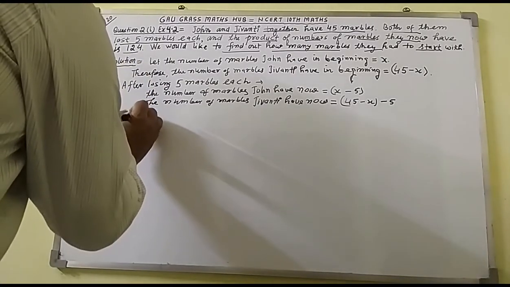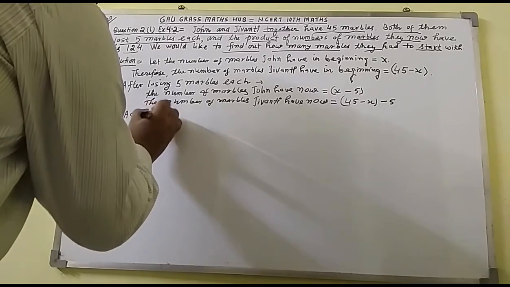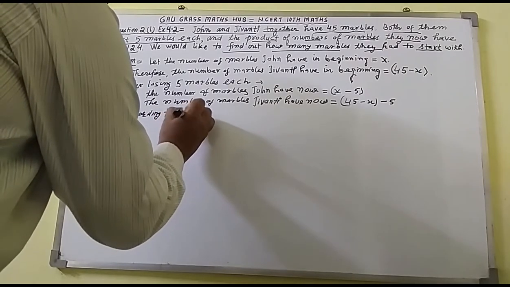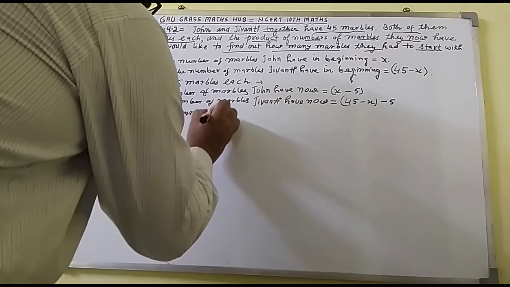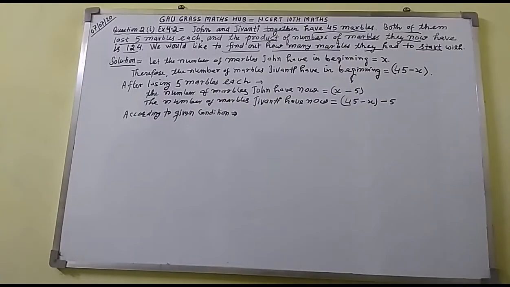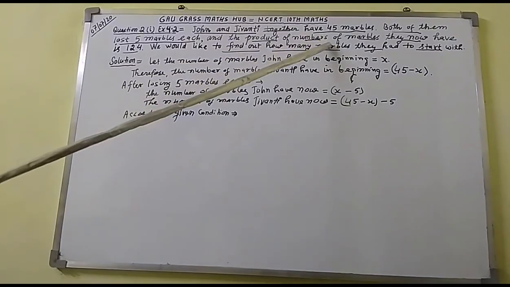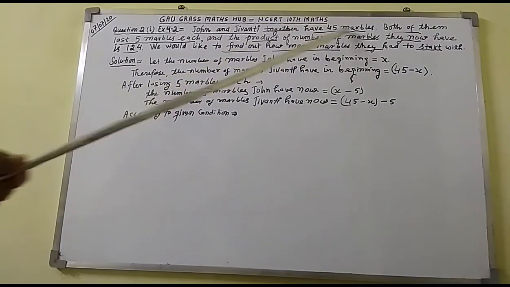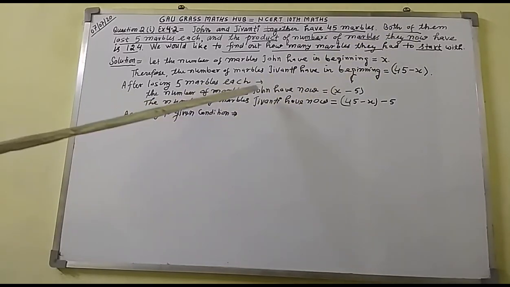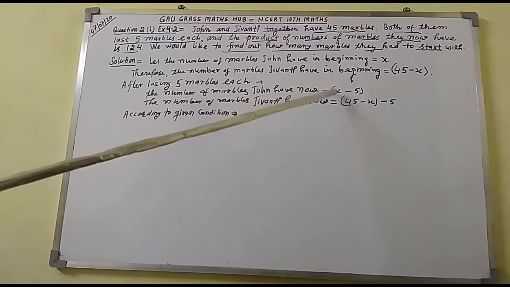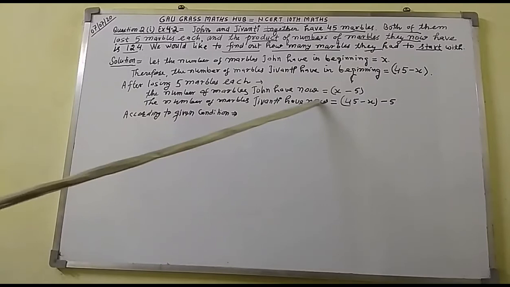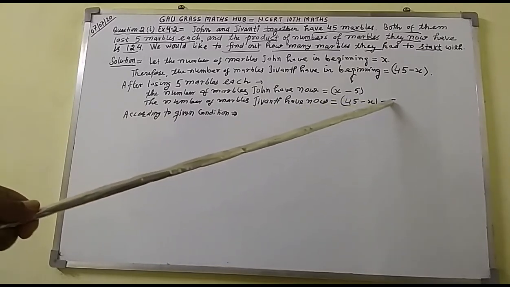Therefore, according to the given condition, the product of the number of marbles they have now, this means John has x minus 5 marbles and Jivanti has 45 minus x minus 5 marbles now.